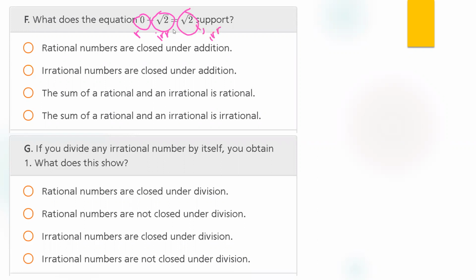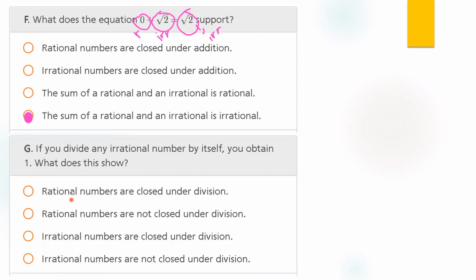Does it mean the rational numbers are closed, or the irrational numbers are closed under addition, or the sum of rational and irrational is rational, or the sum of rational and irrational is irrational? The sum of rational and irrational is irrational, because here you added 0, which is rational, plus square root of 2, which is irrational, and the answer is irrational.